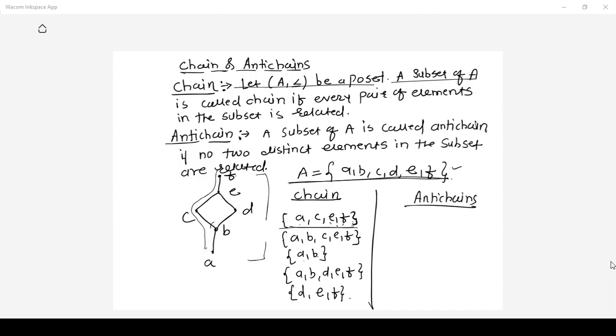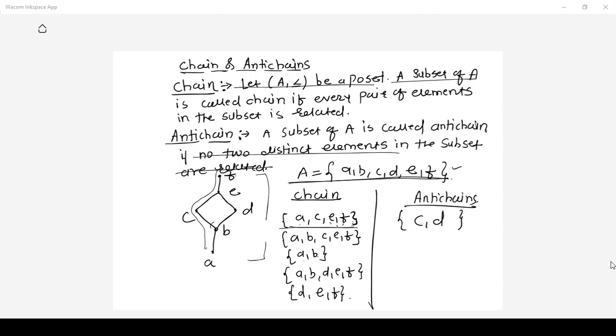Now let us go to the antichain. What does the antichain definition say? A subset of A is called an antichain if no two distinct elements in the subset are related. It's the opposite of chain. So whatever subset of set A you write, no two distinct elements should be related to each other. So can I take C comma D?